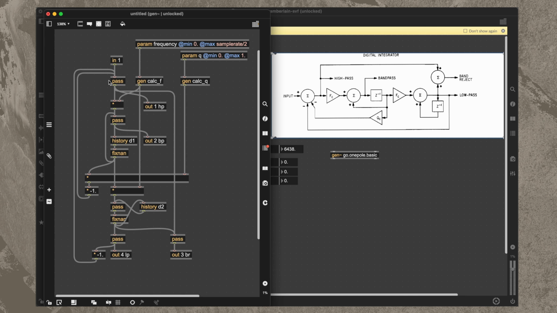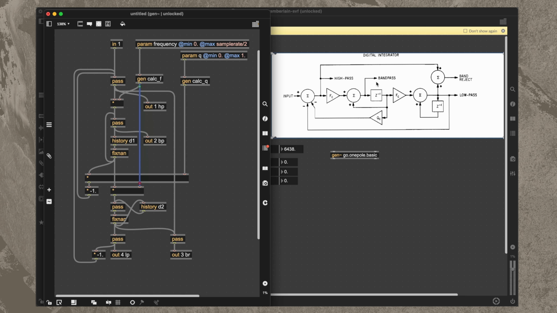And we know that always in Gen, when you send multiple inputs into one place, they are added together. So this is this summation. We then multiply by the F value. So that's what's coming through over here. We then have our first integrator.